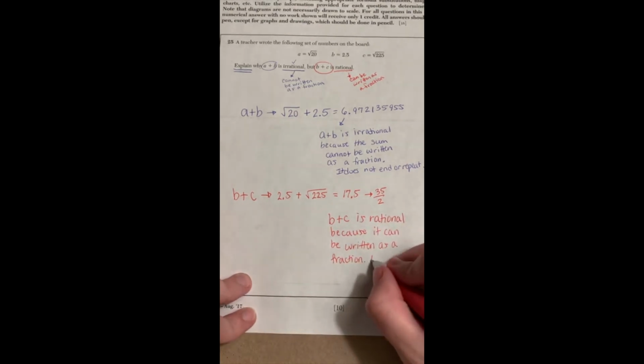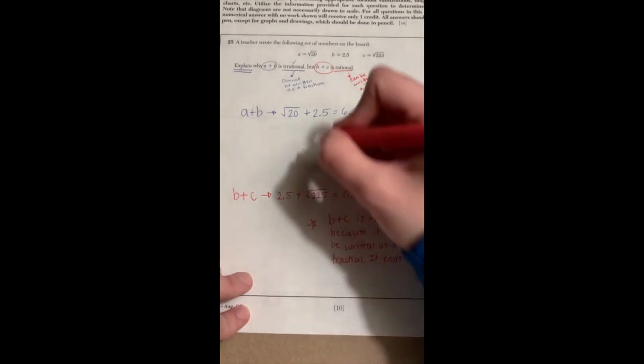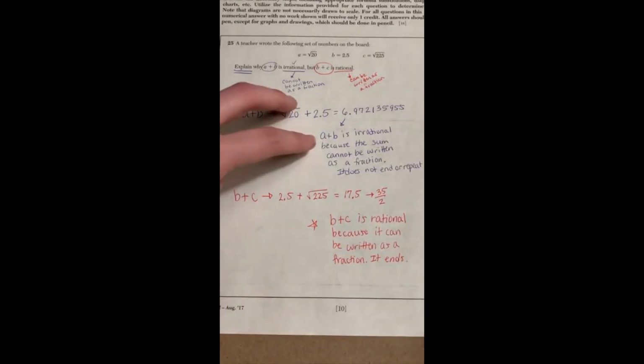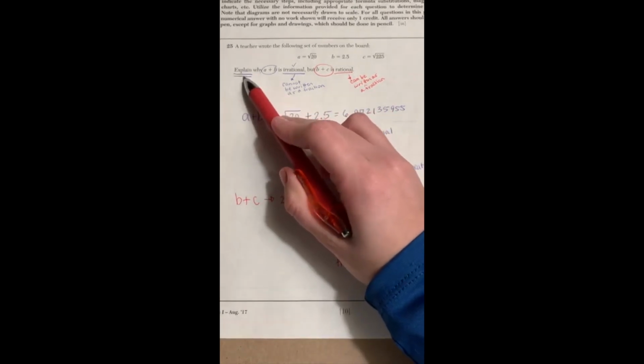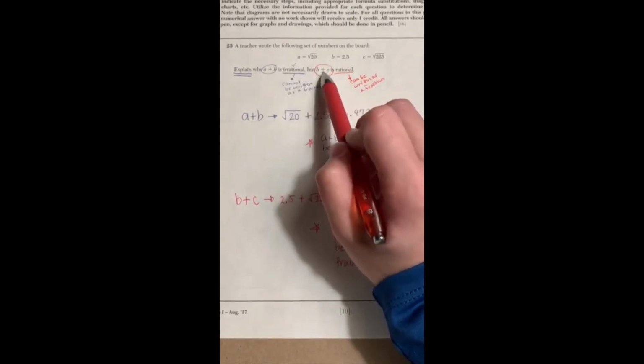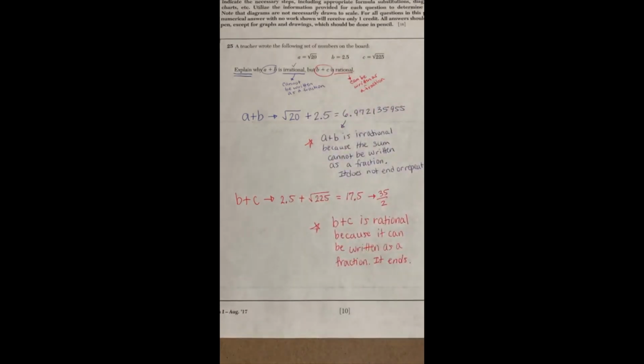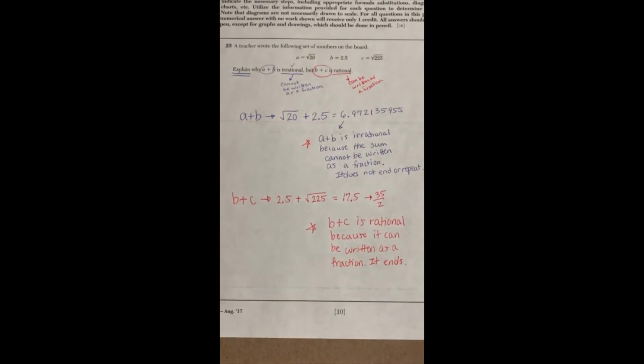You can also add in there that it ends. Okay, so these two pieces right here is how we explain why A plus B is irrational and B plus C is rational. Okay, and that is it for number 25.